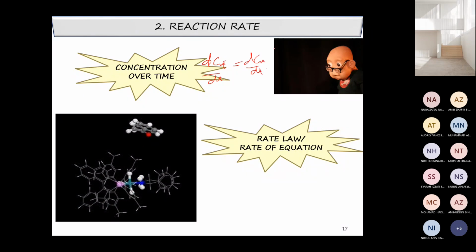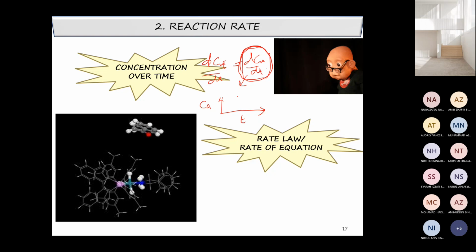That's why I told you before, you will learn software. Because when we have this kind of equation, we want to get a profile graph, which is, say, CA against T. But we can get it directly from here.